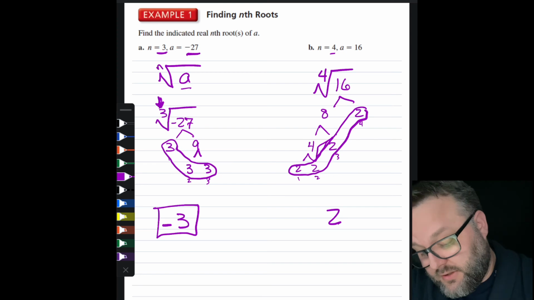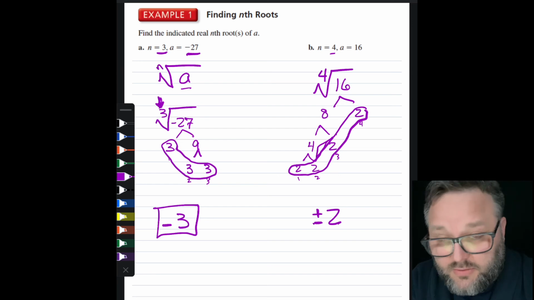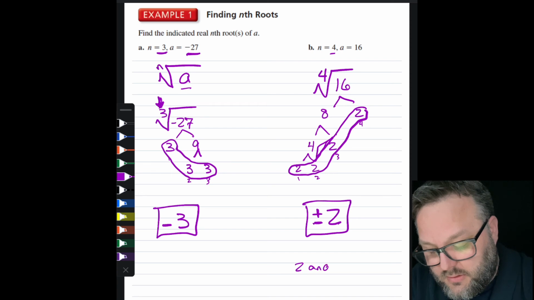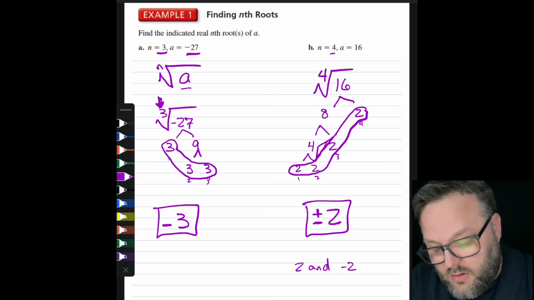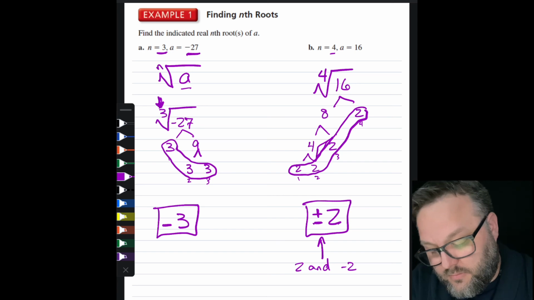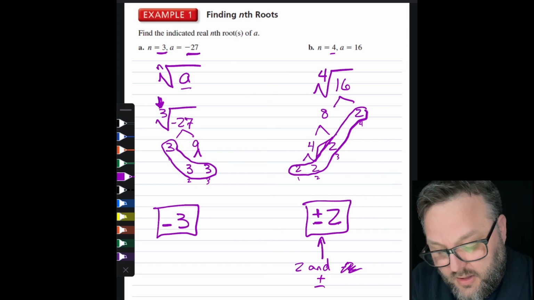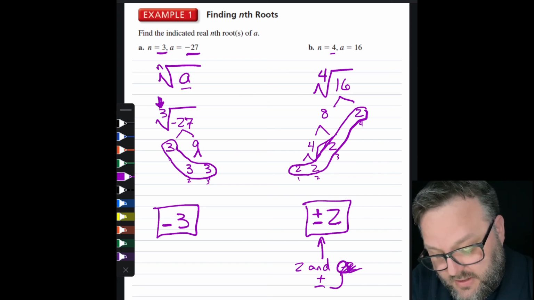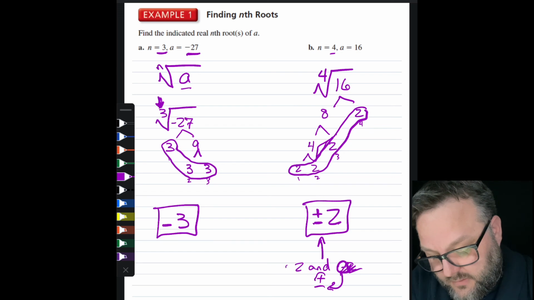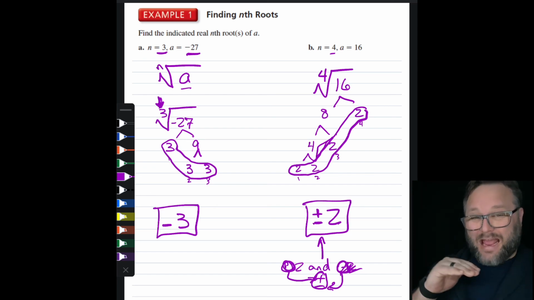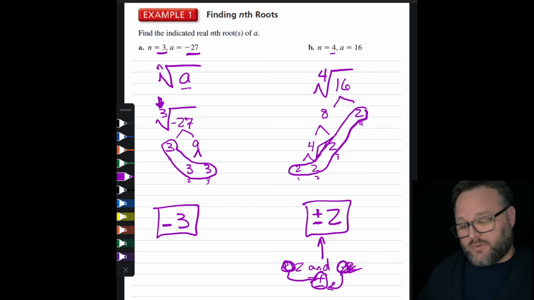Okay, I just looked at the notation in the book, and it looks like we're introducing, or reminding some of you, I know in pre-algebra I introduced this, instead of writing 2 and negative 2, this symbol. The 'and' is the same thing as that, so we don't have to write the other one. The negative that was right here is this, and the positive that's invisible right here is that one. So if we take this symbol and put it in front of a number, it means both positive and negative. Whatever that number is becomes our answer.